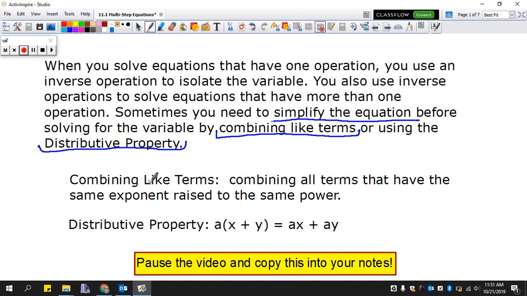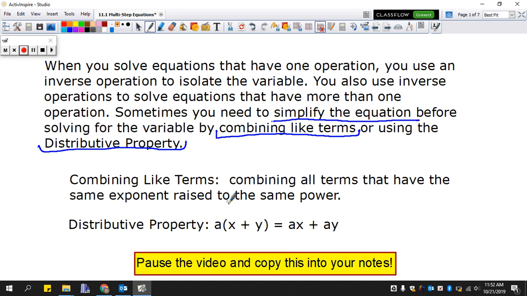Remember, combining like terms means that you add all of the terms that are the same, that have the same exponent raised to the same power, and sometimes that's just whole numbers and sometimes it's variables.